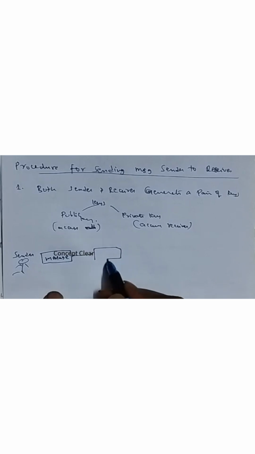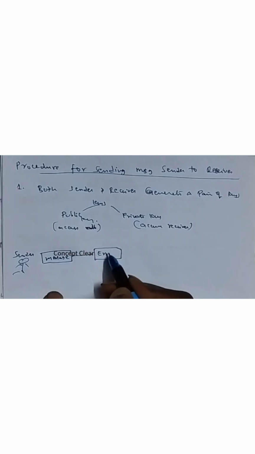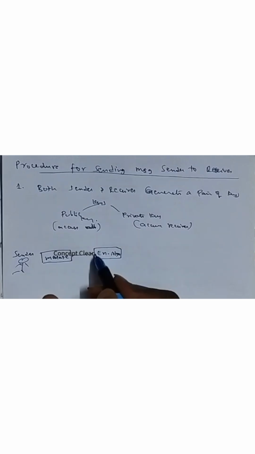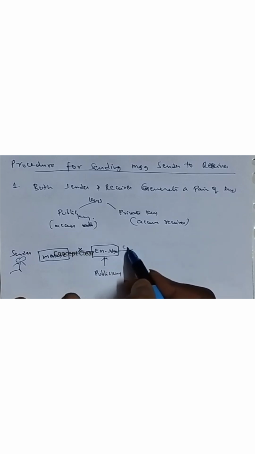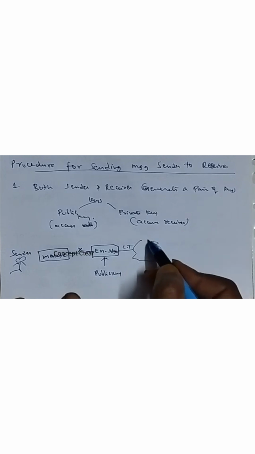the encryption algorithm. Okay, this is the message X. Suppose the message X is being sent. Here, in the encryption algorithm, we are taking the public key. After encryption, we convert it to ciphertext.